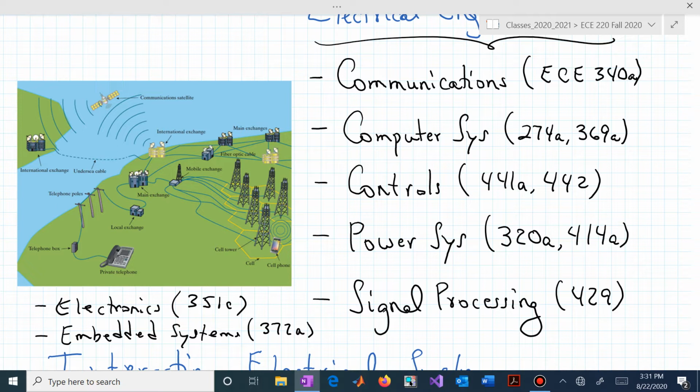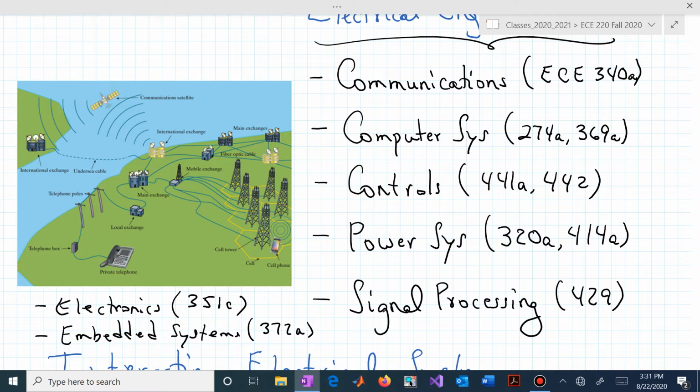Power systems is one sub-discipline within electrical engineering. Communications is another. Computer systems, obviously you have to have both 175 and 220 to feel comfortable going forward in computer systems. The computer architecture class 369A depends on these two in addition to the digital logic class 274A.